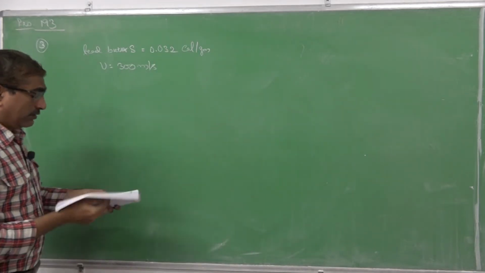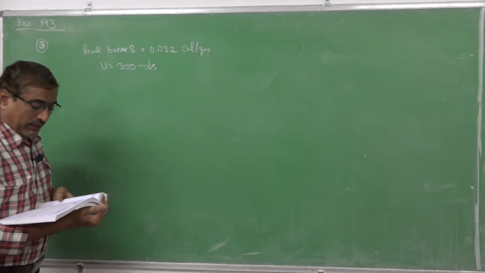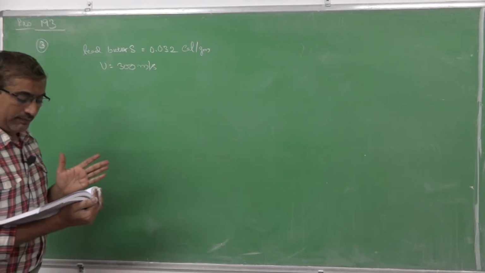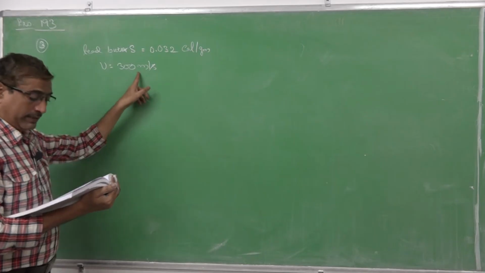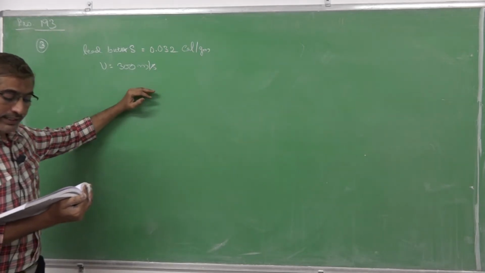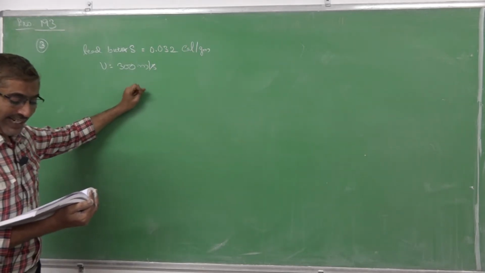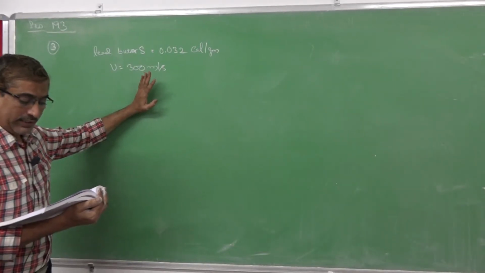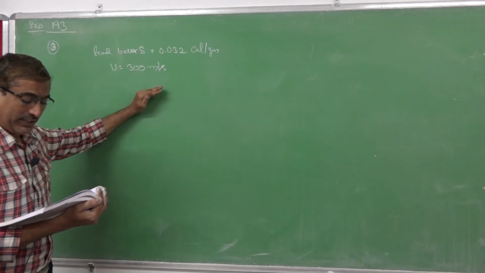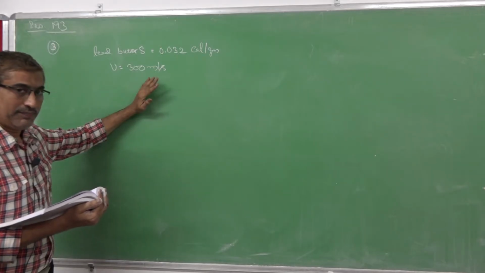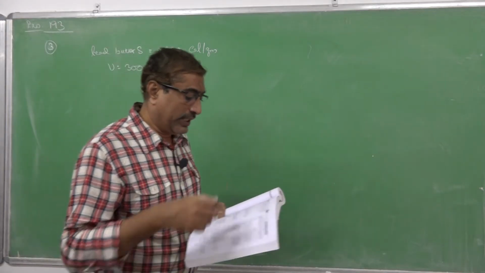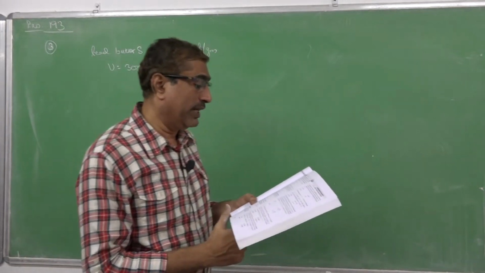The question is, a lead bullet is completely stopped when it strikes a target with a velocity 300 meter per second. The heat generated is equally shared by the bullet and target.